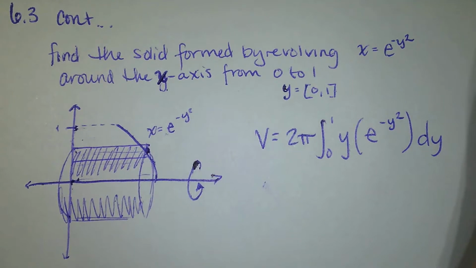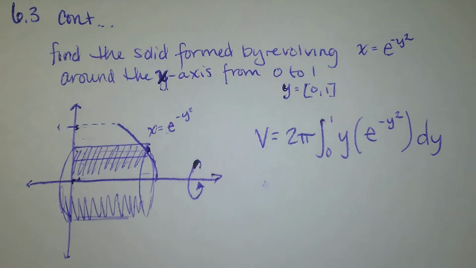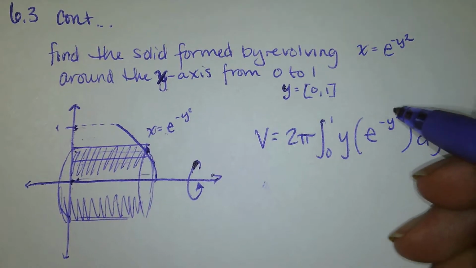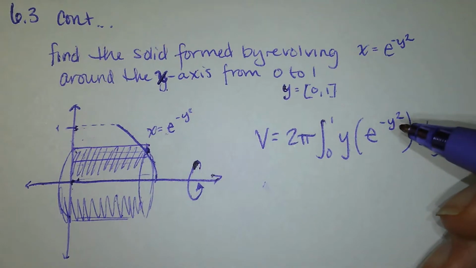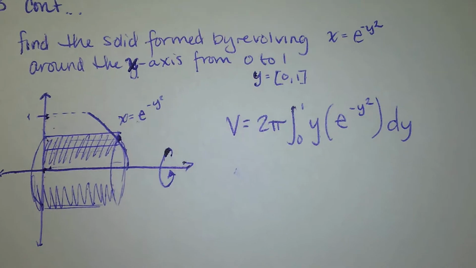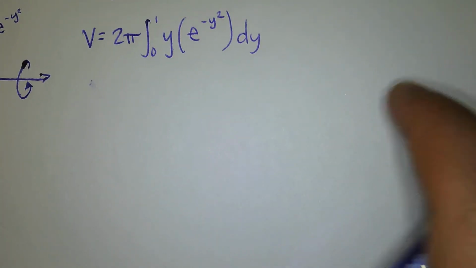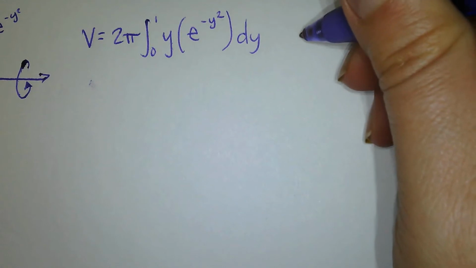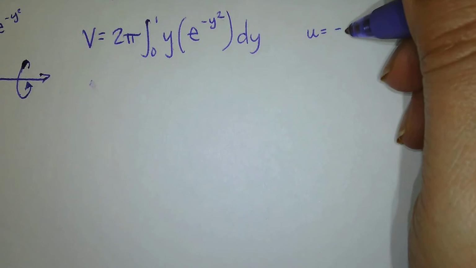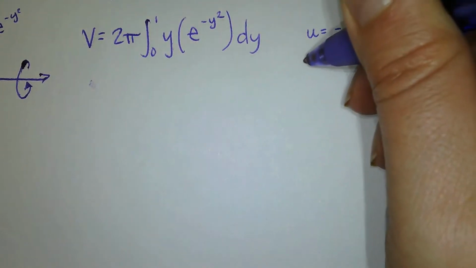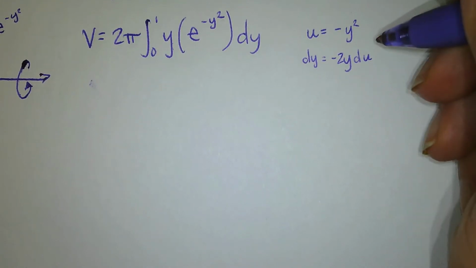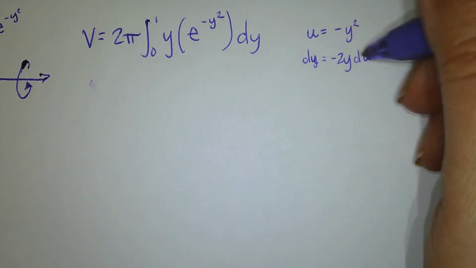All right, so let's see what happens here, because this is one that we can integrate. So we would do the derivative of negative y squared. And, okay, so if you remember, we do a little bit of a u substitution. I'm just going to focus right here on this. du is negative 2y dy.